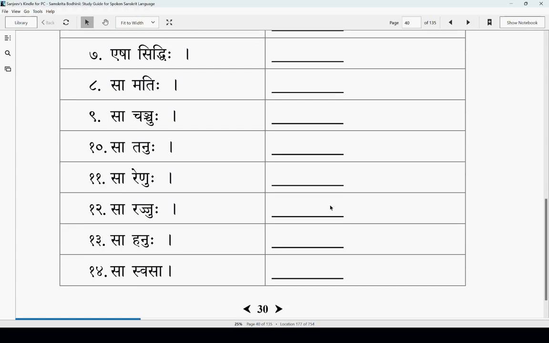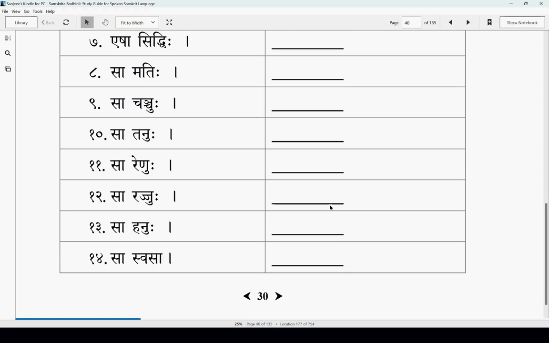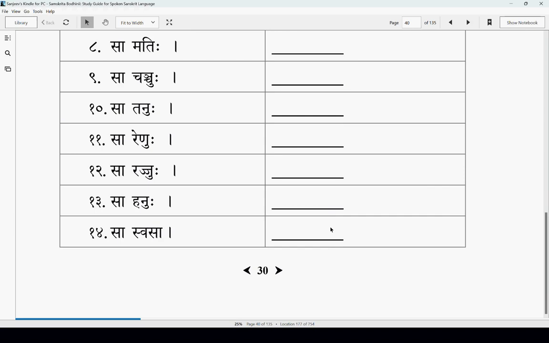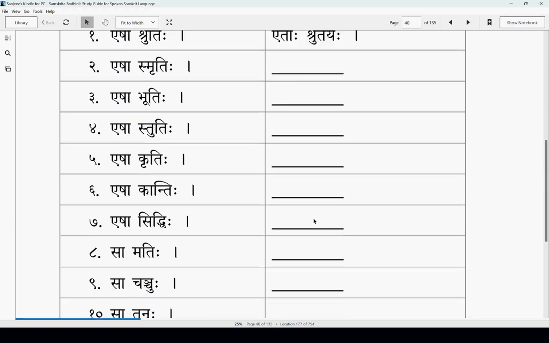Taha Renavaha. Rajjuhu, rope. Taha Rajjavaha. Then Hanuhu. Hanuhu is cheek. Taha Hanavaha. Then Taha Swasaraha. Any question?